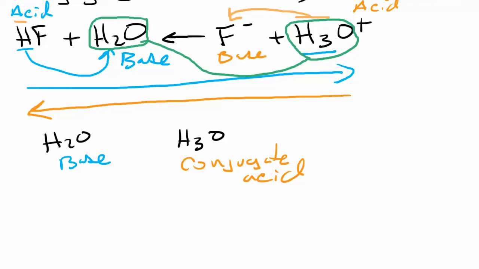And then the same thing would be true with the hydrogen fluoride. Originally we called the hydrogen fluoride an acid, and then after the reaction occurs in the original direction, all that's left is the fluoride ion, and we call that the conjugate base.